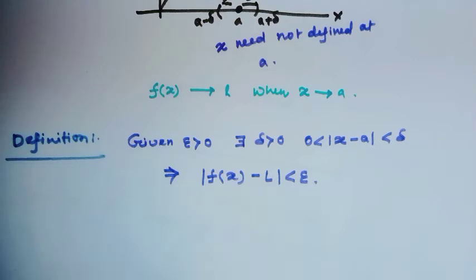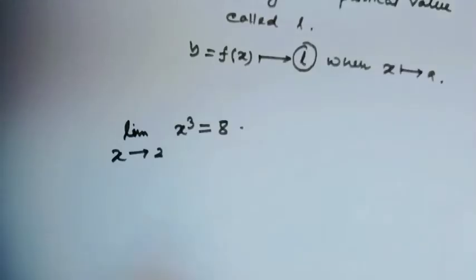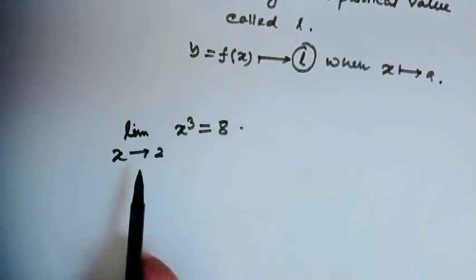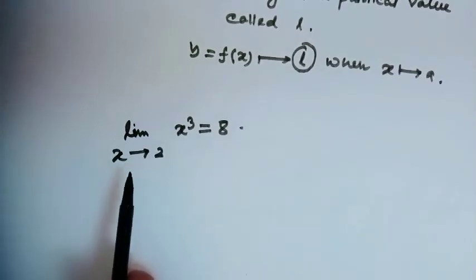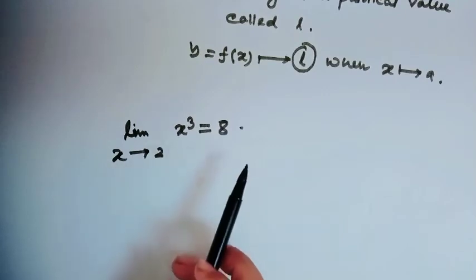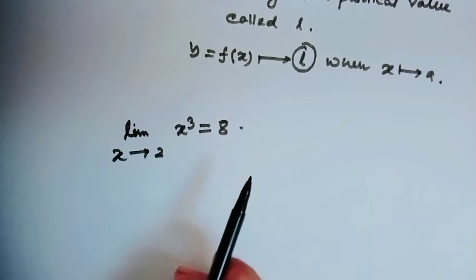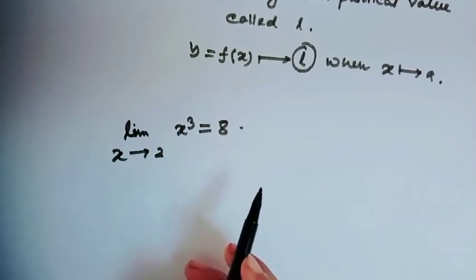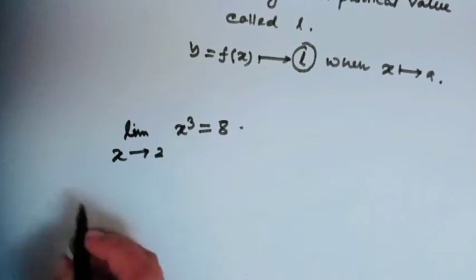Let's verify this definition with an example. We have to show that the limit as x tends to 2 of x cubed equals 8. What is the epsilon-delta definition of the limit?